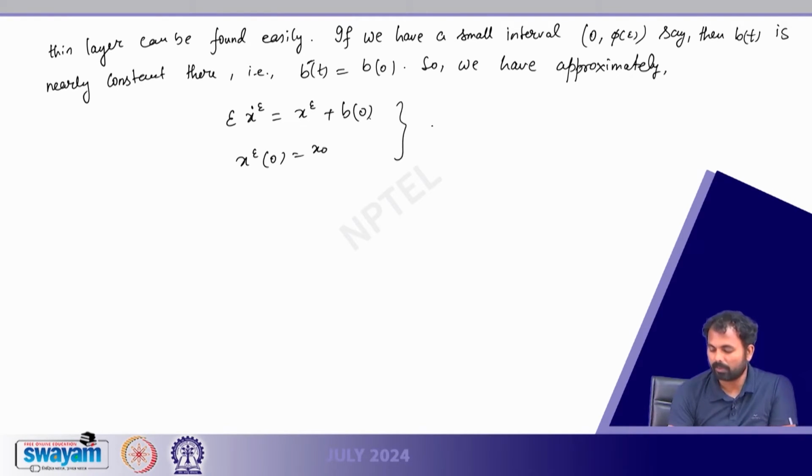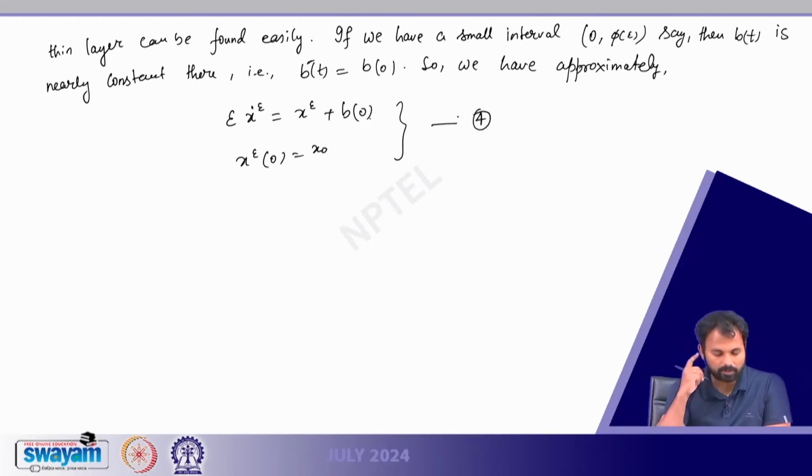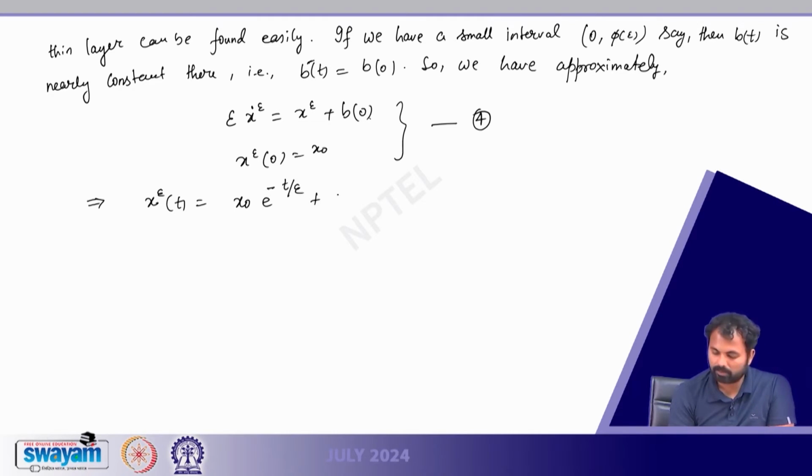This is equation number 4. The solution of this equation can be obtained very easily. From here we get the solution as x epsilon of t equals x0 times e to the power minus t by epsilon plus b0 times 1 minus e to the power minus t by epsilon. Let us call it equation number 5.